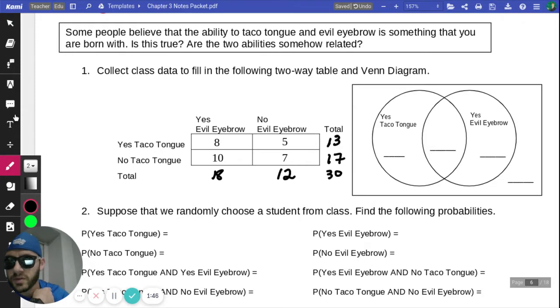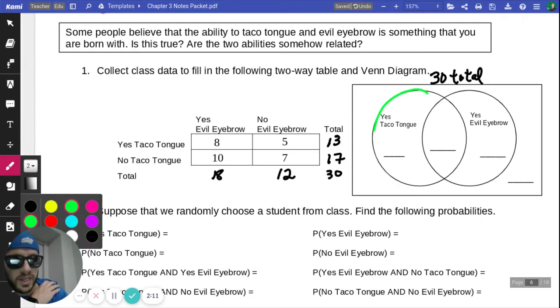So these 4 numbers we are going to also put into our Venn diagram over here on the right. I like to start on the top of our Venn diagram with our total. So I have 30 total students in this made-up class. And then I like to start in the middle as well. So in the middle here, this whole left circle is going to be people who can do the taco tongue.